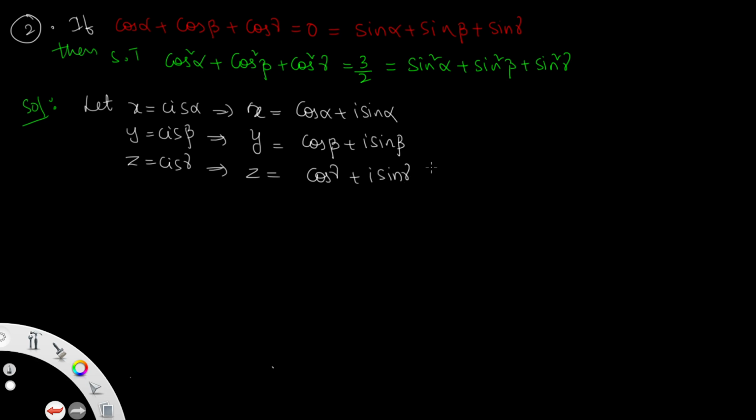Just to simplify the value, what is the question given? Cos square alpha plus cos square beta plus cos square gamma is given, which we convert into x, y and z.